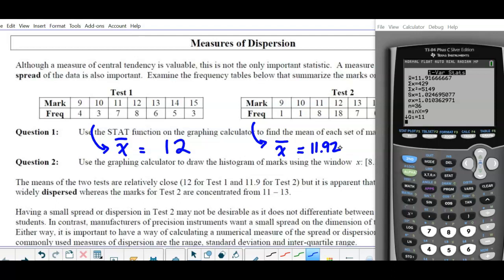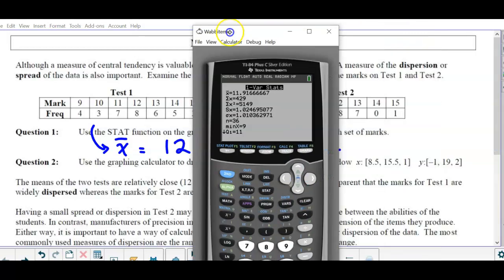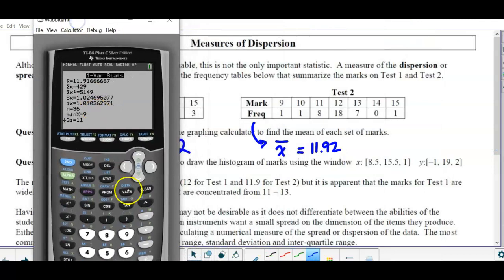Then it says use the graphing calculator to draw the histogram, and it gives you a hint on the window. As I said, we don't really do this that much, but we've given you a hint, so let's take a look. It's good to use today to analyze these two sets of data.